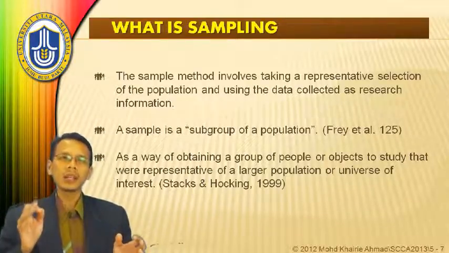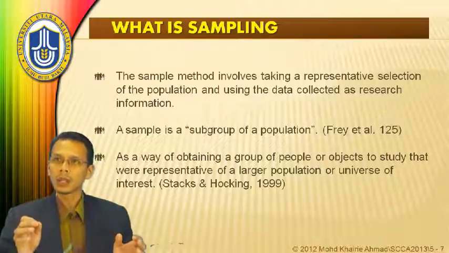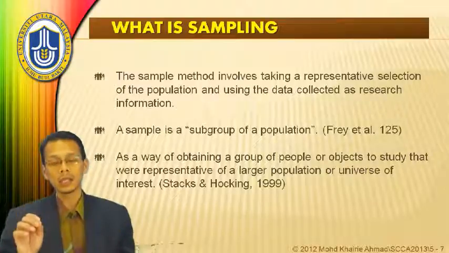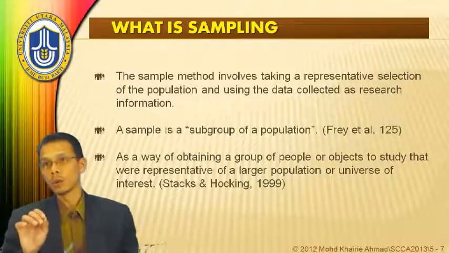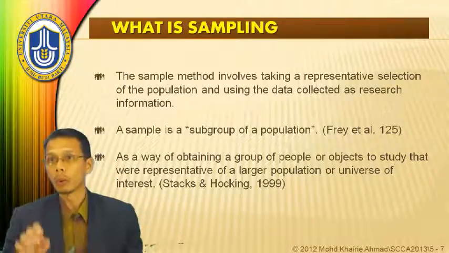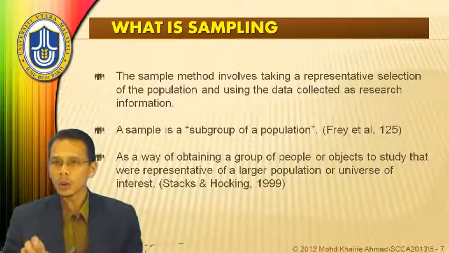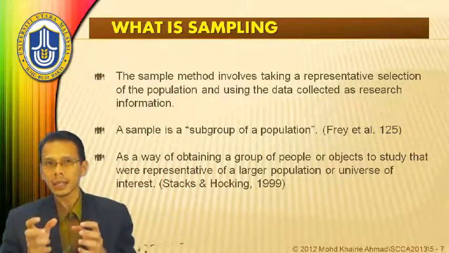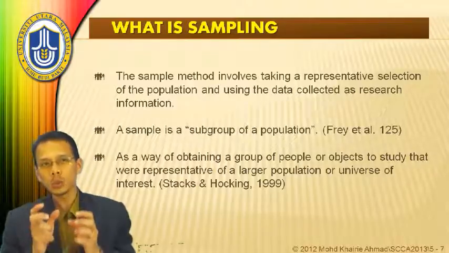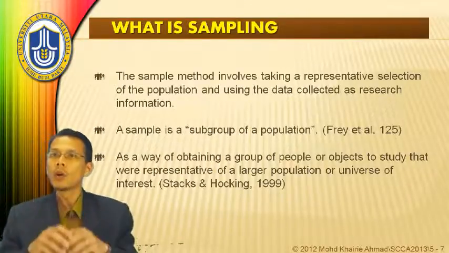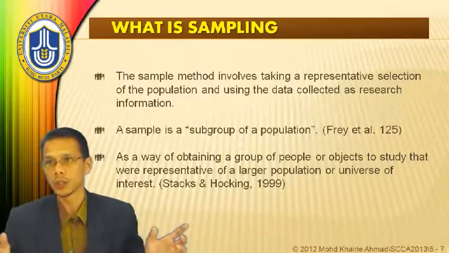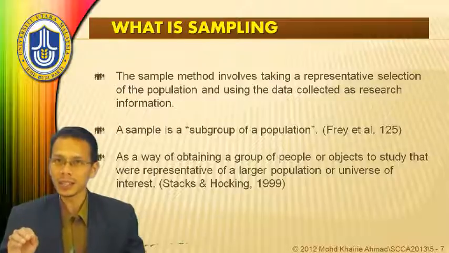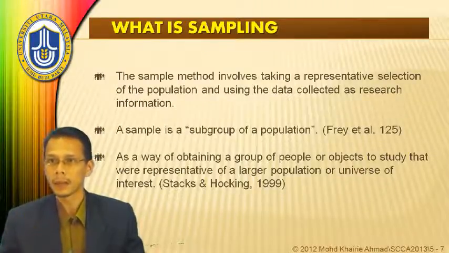So based on these three definitions, we may have some basic ideas about sampling. I may suggest that when we talk about sampling, we are talking about a process of getting, identifying and choosing a group of people from a larger population. I hope that at this stage you are very clear about what sampling is.